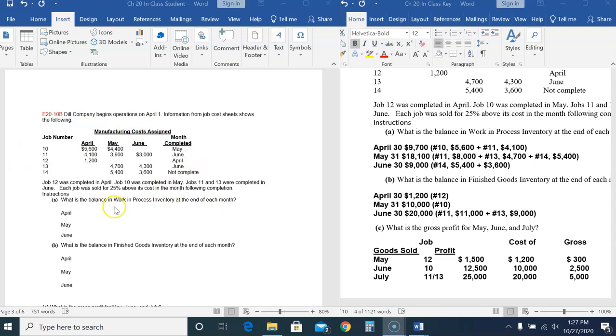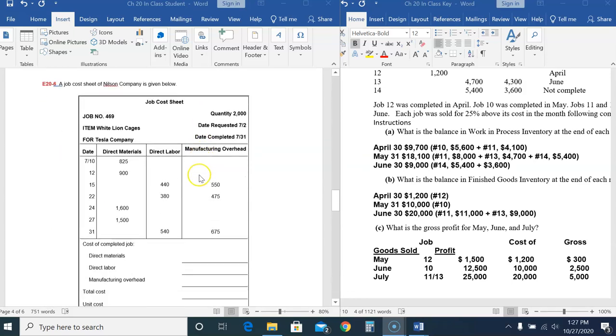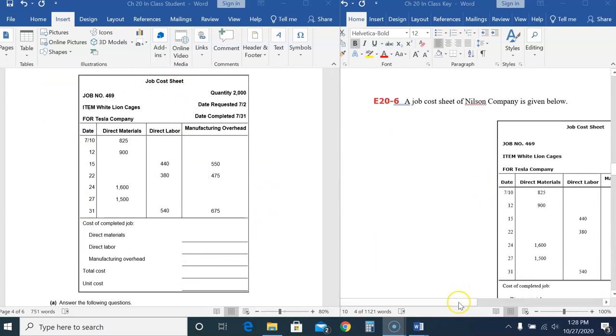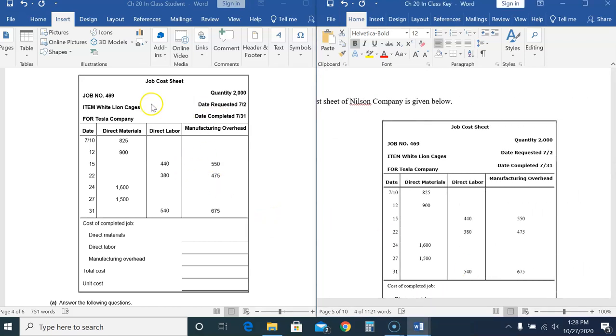Now notice that all of these costs I mentioned came off of the job cost sheet. Here, in the next problem, we can see what a job cost sheet might look like. Nowadays, all of this would be kept electronically or digitally, but if this was a hard copy document, this is kind of what it would look like.